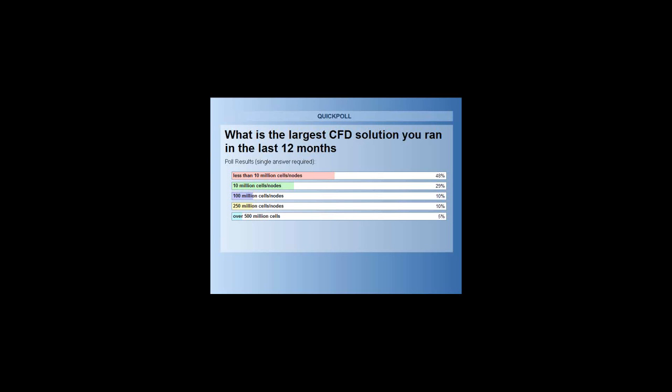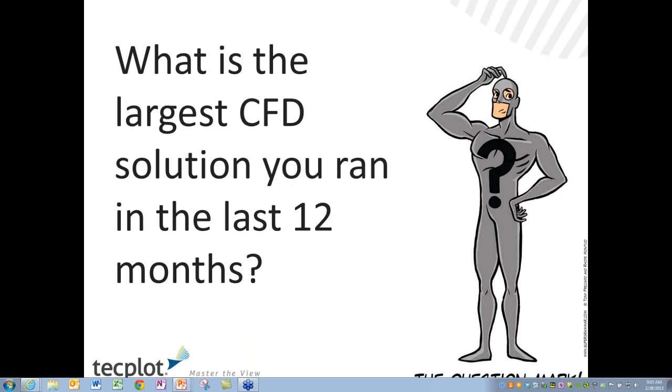Of course, everyone has smaller data sets, but we are seeing more and more people going to the large data sets, and probably the 100 million is becoming more typical now. In fact, we were talking to a group at University of Alabama, Huntsville, that's routinely looking at 1 billion cells unsteady. So there's people on both sides of the extremes.